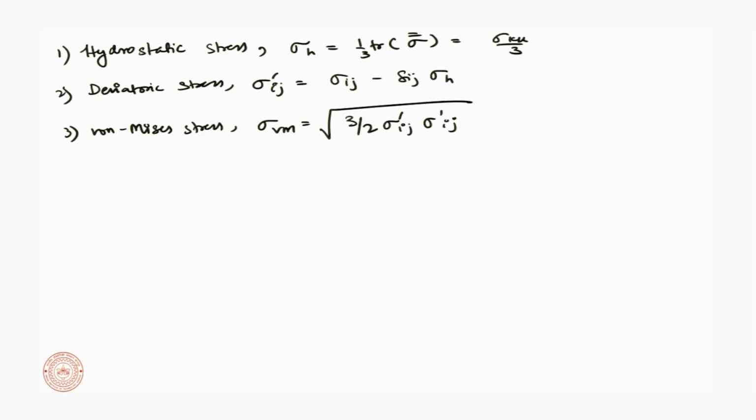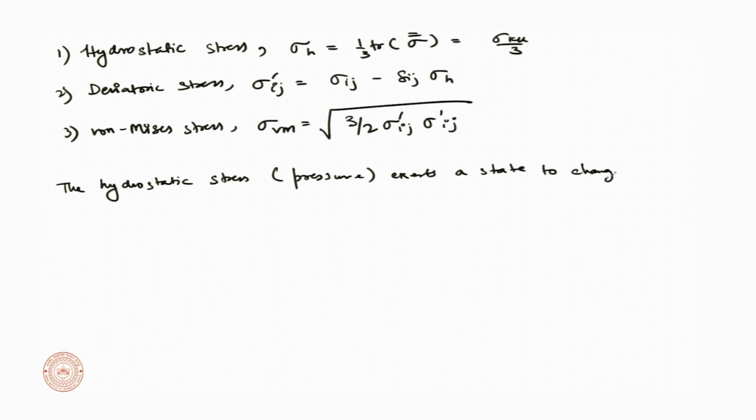So, each of the stresses has some physical significance. The hydrostatic stress is also called the pressure. It exerts a stress state to change the volume while preserving the shape.